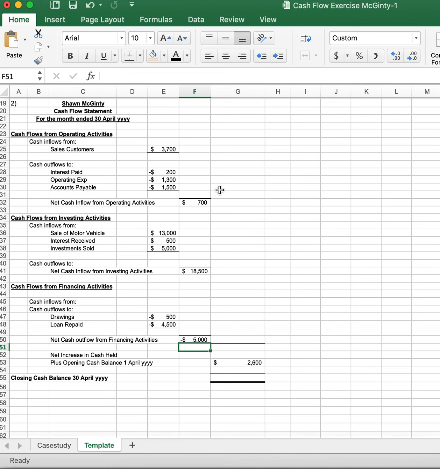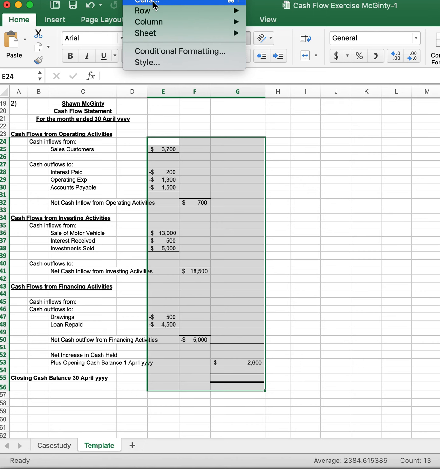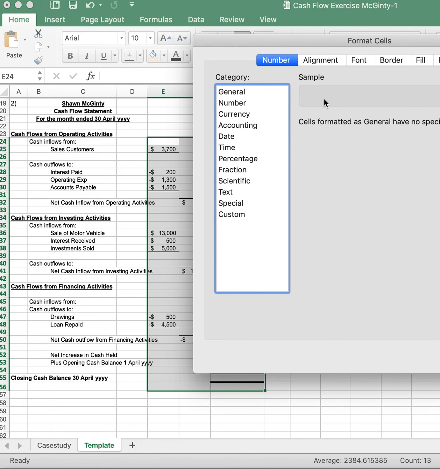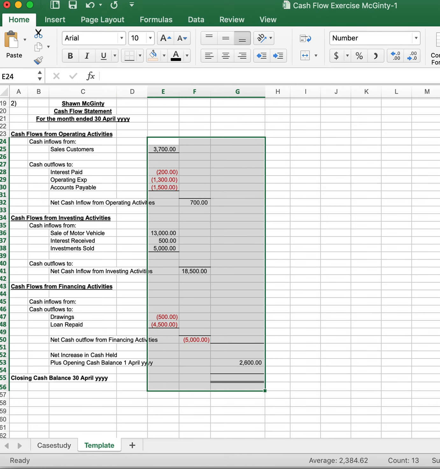At a quick glance I can see that it's actually going to end up positive anyway. Sometimes I like to format the currency, so it's currency, and do it like that, so you can see the negatives.